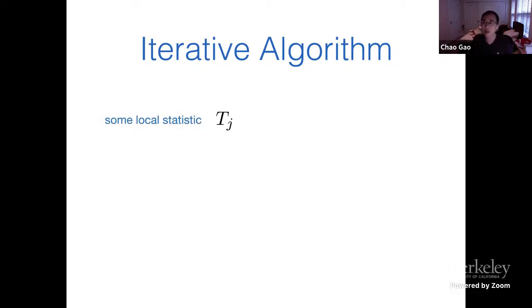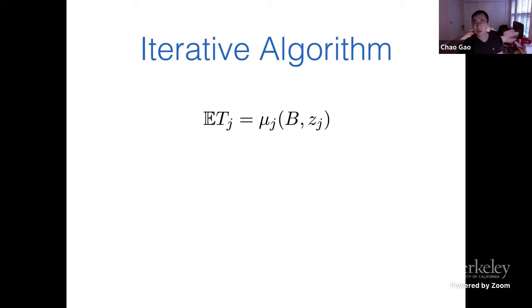Okay, so the goal is that we hope Tj can contain some information about the jth component of the structure parameters we try to estimate. So the only mathematical requirement we have for Tj is its expectation should be a function of both the model parameter B and the jth component of the structure parameter Zj.